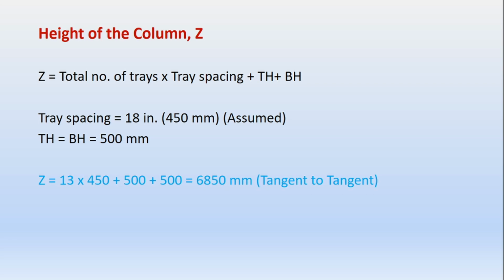Substituting in this formula, we get the height of the column as 6850 mm, which is tangent to tangent, from the top head of the column to the bottom head. Tangent to tangent height is 6.85 meters.